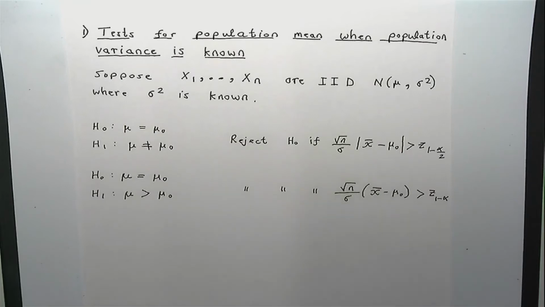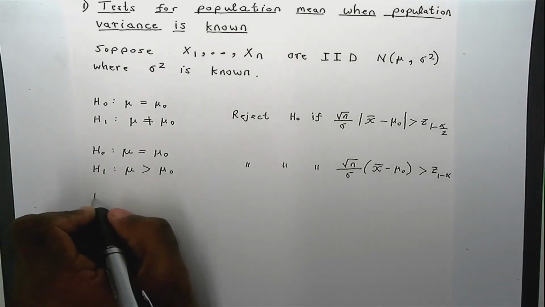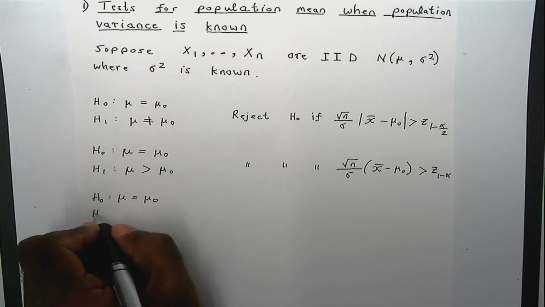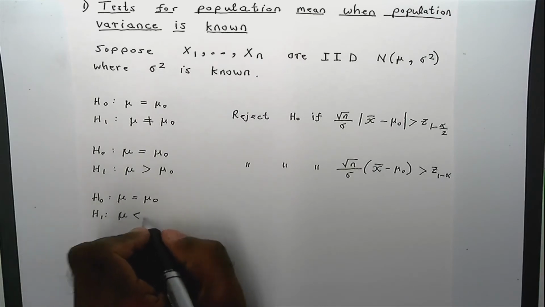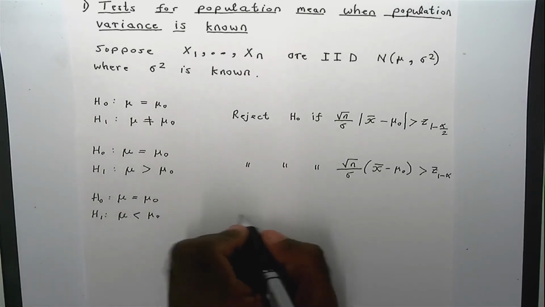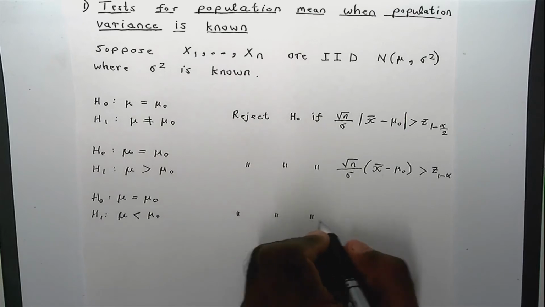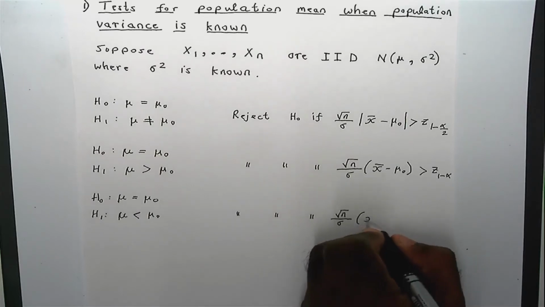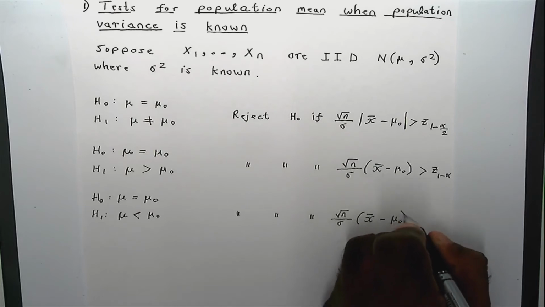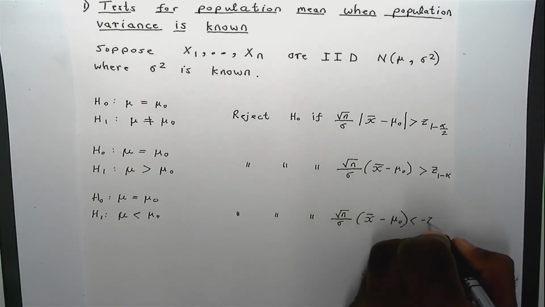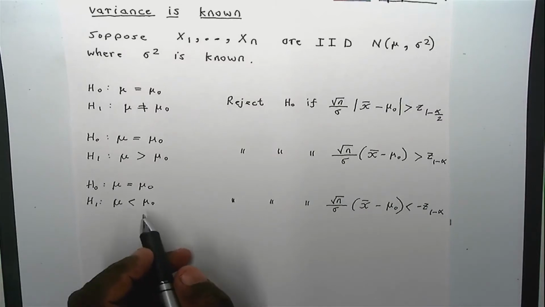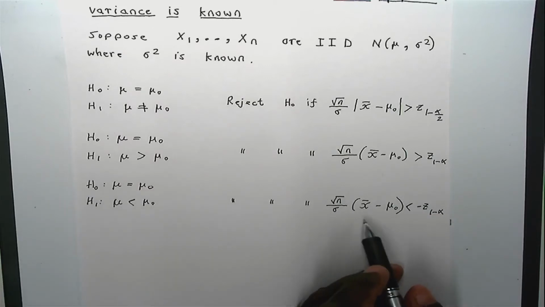And the third: the alternative is that the population mean is less than the pre-specified mu0, and the corresponding rejection rule is this one.